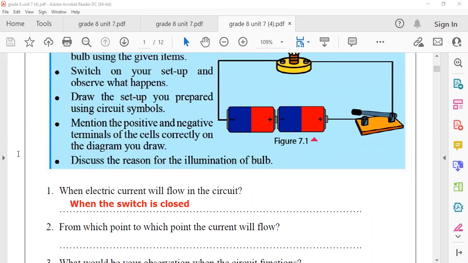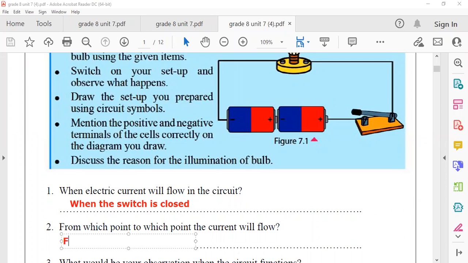Now, second question. From which point to which point will current flow? Always remember, current will flow from the positive end of the battery to the negative end of the battery.